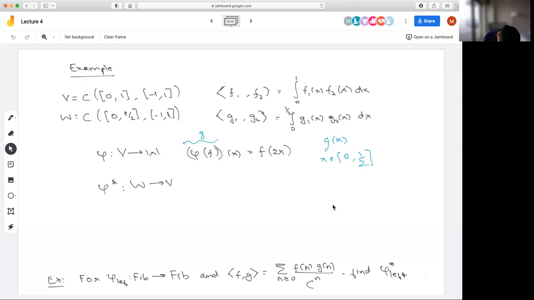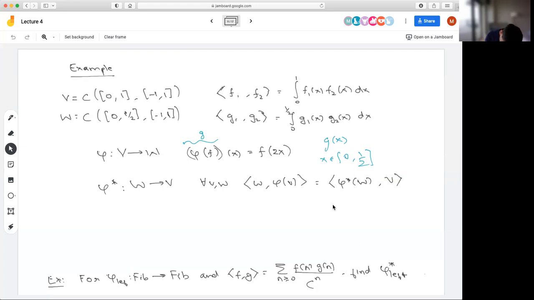We want that for every v and w, just to be consistent, the inner product of w with phi of v is equal to the inner product of phi star of w with v.